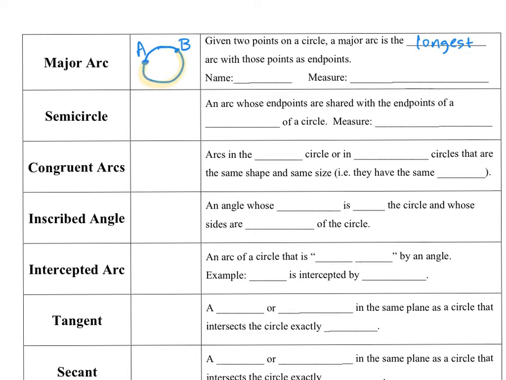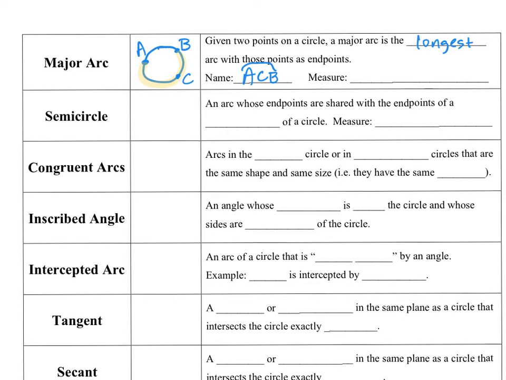So I'm going to put another point on this circle and call it C. When we name that major arc, we can call it arc ACB: start with one endpoint, then name any other point along the major arc, and then name the other endpoint. Don't forget to put that arc symbol over the top. Another perfectly fine way to name this major arc is arc BCA. It doesn't matter which endpoint you start with.